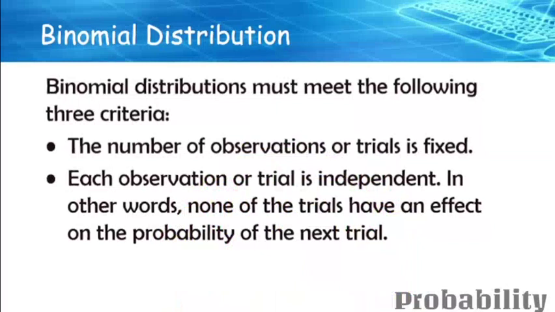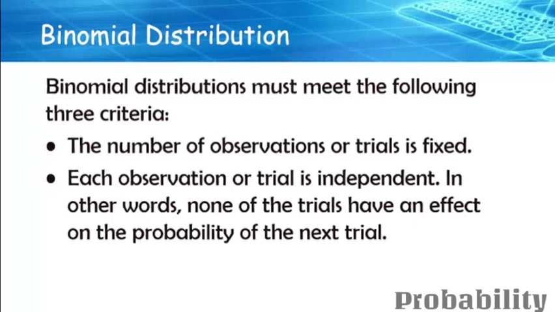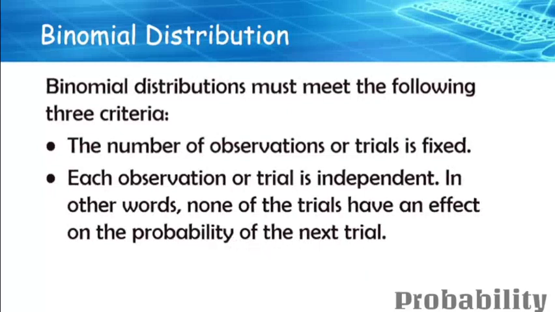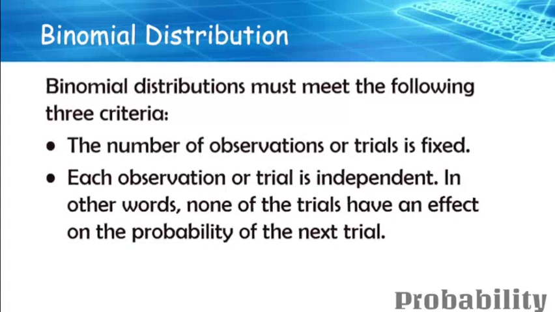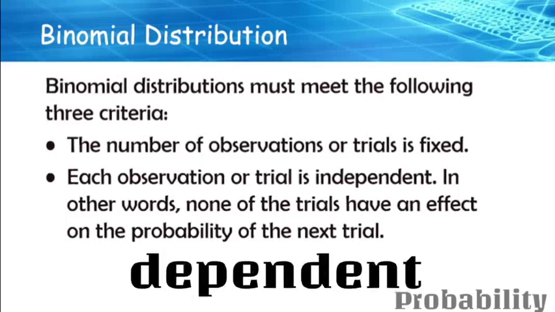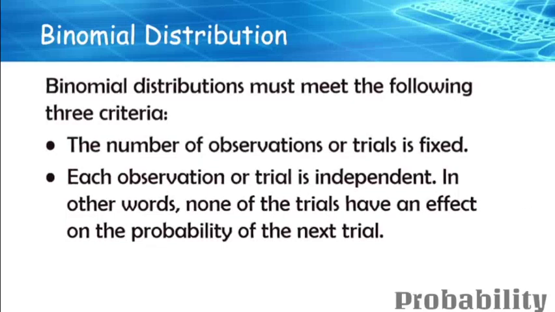On the next trial, if you don't put back the rock taken out and go for the next rock, the probability will obviously vary. So that cannot be considered a binomial distribution. Also, you have only two possible outcomes; you cannot have more than two. And if you keep the other rock aside, the next trial cannot be performed the same way. That's the reason each trial should be independent of the other trials.